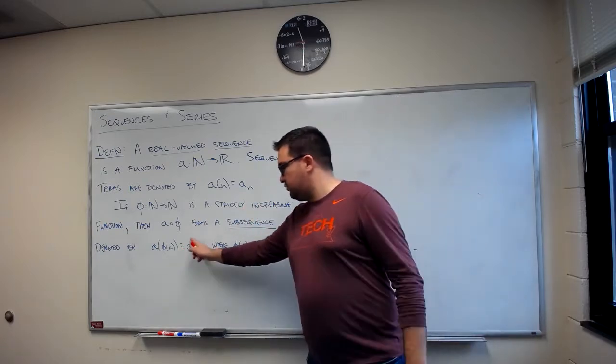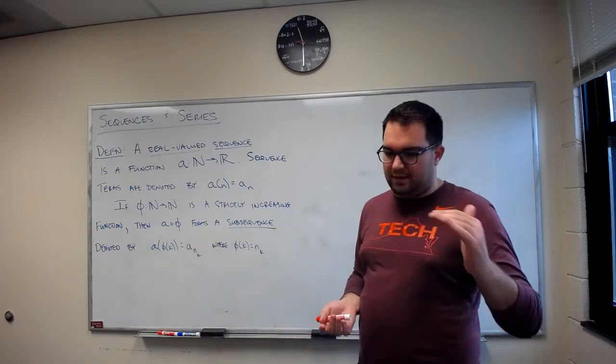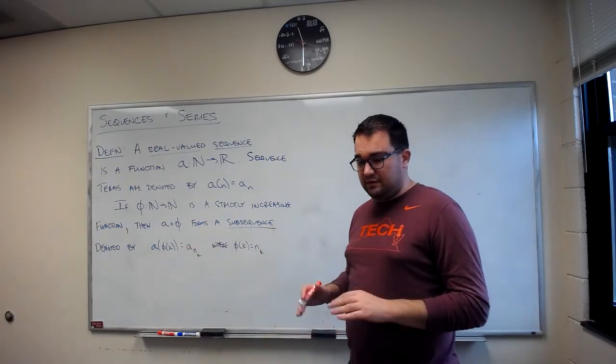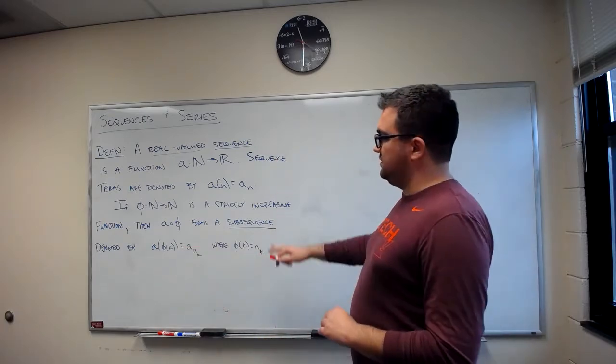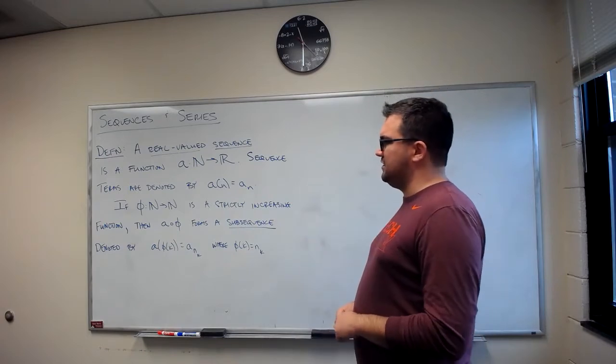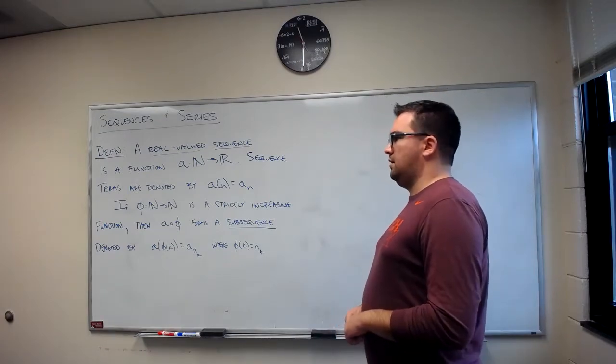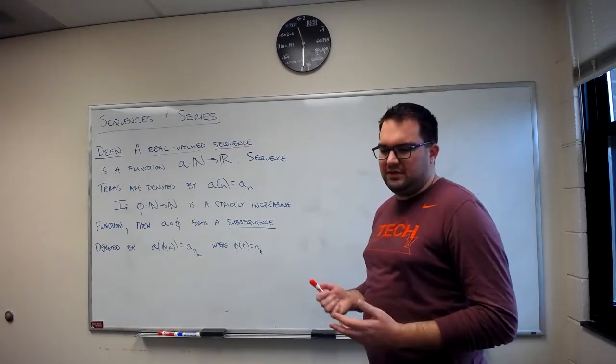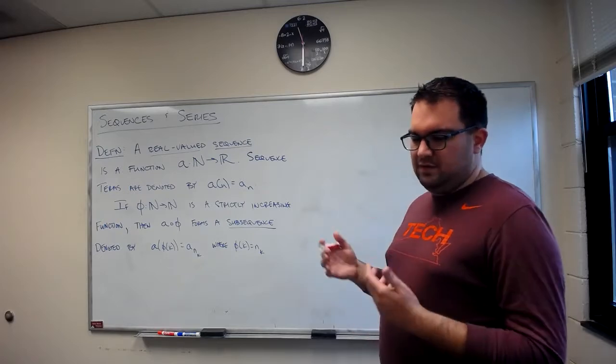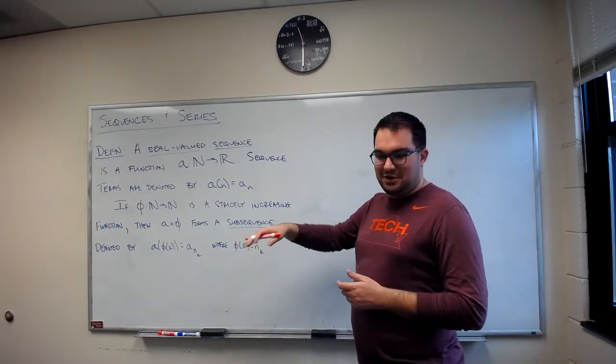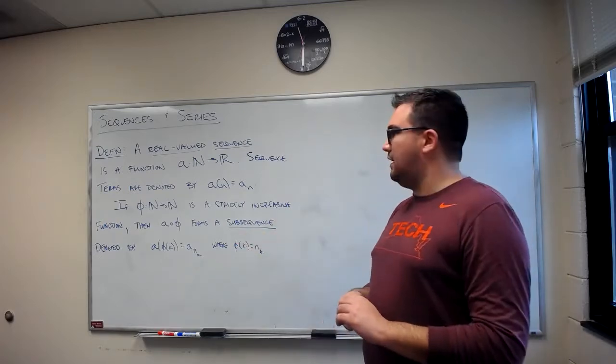Now, often we just write it like this and understand that we're talking about some subsequence, and that's fine. But this is one way to formally define them. It is occasionally helpful to think of these as functions, but more often than not, we don't. This is just a really nice, convenient, compact way to write these things.